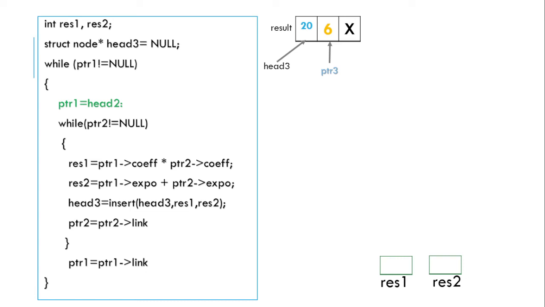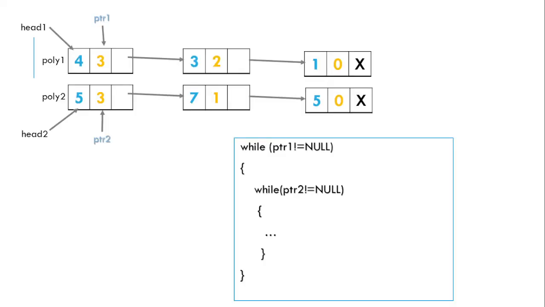Within that, while we are at the first term of the first polynomial, point to the first node of the second polynomial first. Then ptr2 is equal to head 2. After that, make a while loop to traverse through each term of the second polynomial.